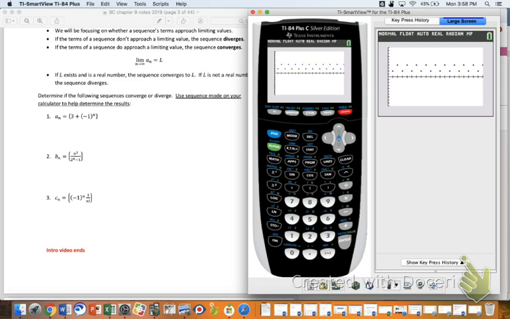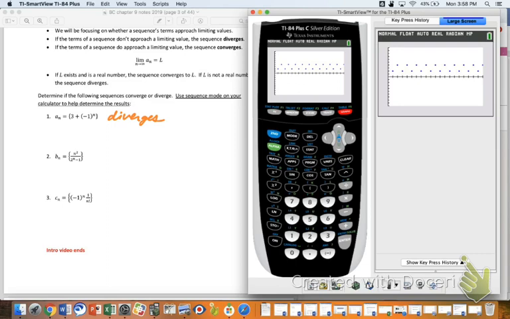So as far as does this sequence converge or diverge, I would say that this sequence diverges simply because the terms do not appear to be converging towards any one number. The pattern within those terms is not heading towards a limiting value. We're just bouncing back and forth between 2 and 4.